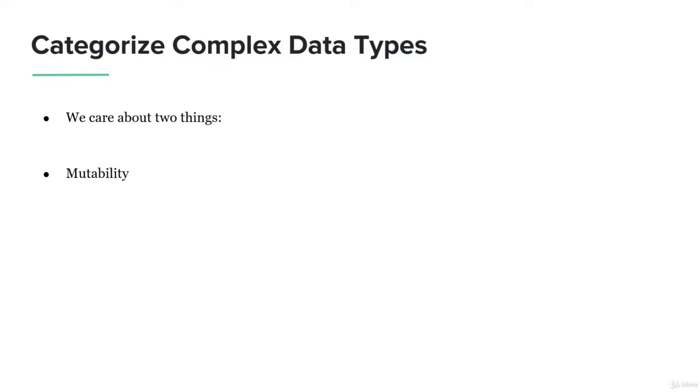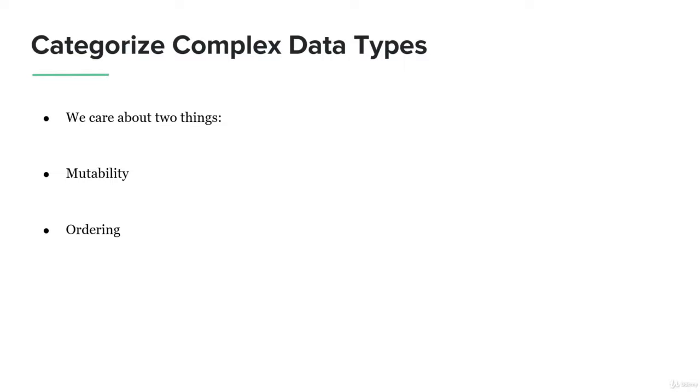We care about mutability and we care about ordering. So we categorize the complex data types according to are they mutable or not, and can we order this data type or not. So looking at the list, we can see that the list is actually mutable, and we can see that we can order the elements in the list.